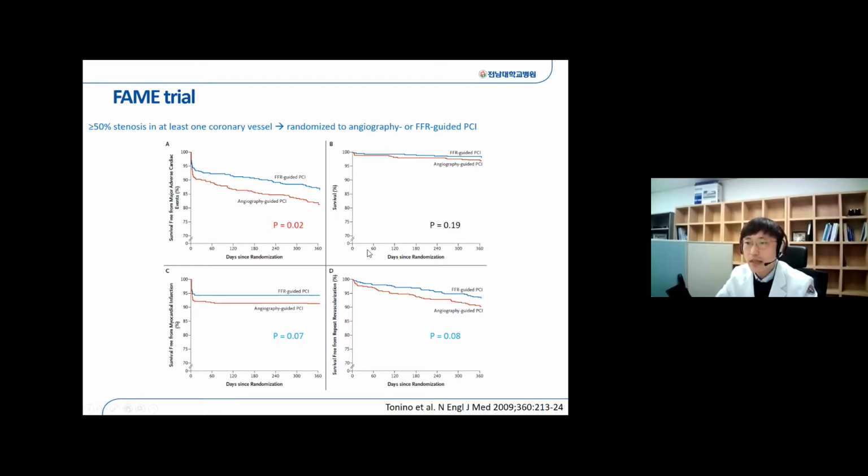And they found that the FFR-guided PCI was significantly superior to angiographic-guided PCI. So we should evaluate the severity of myocardial ischemia in addition to the angiographic severity of focal stenosis.